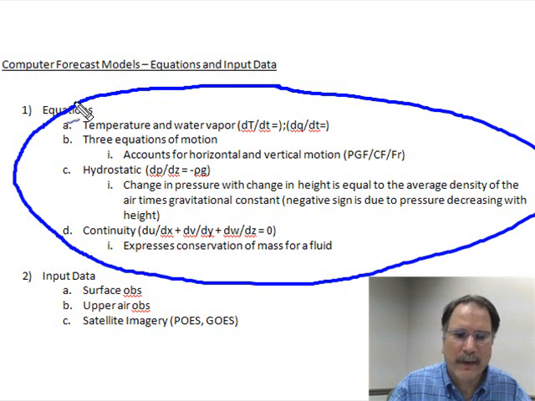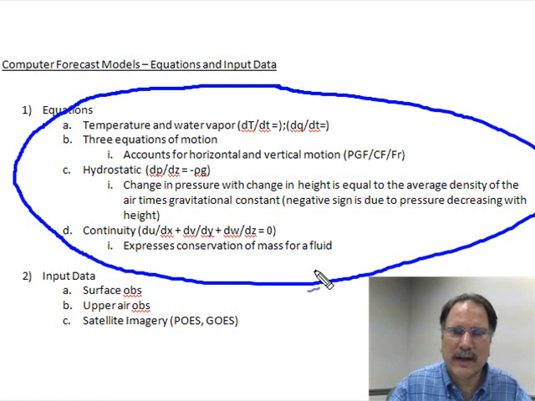So again, all of these equations are used. Input data such as surface observations and upper air observations are fed into these models. It's cranked through these equations and output temperatures and moisture, for example, at different grid points in the future. And some of these models now go out to 15, 16 days.